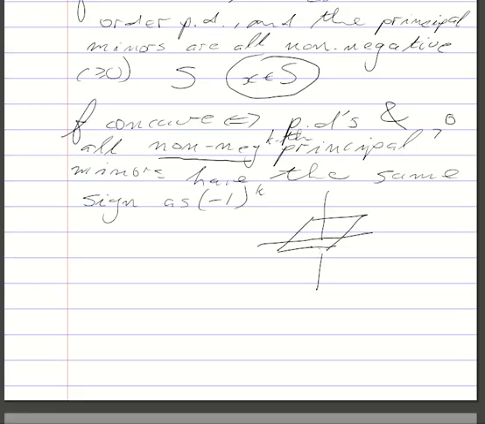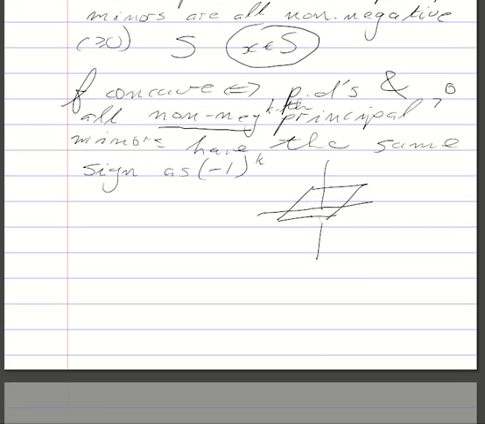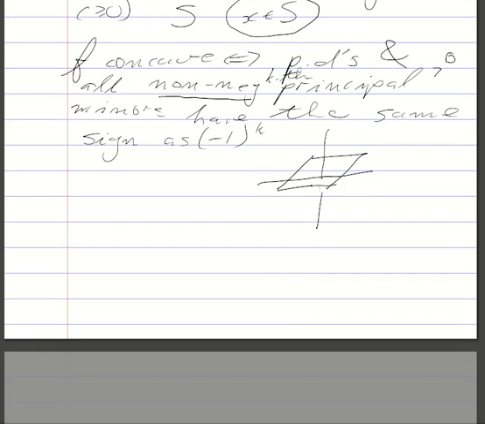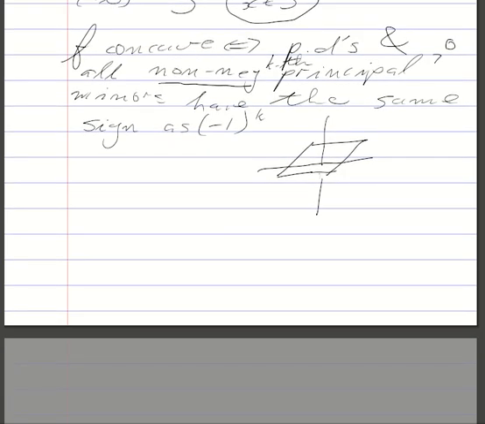When you're looking at just a flat piece in R3 as we have here, it'll actually be both convex and concave. Now, before I go further, let me just give an example or an illustration of what a principal minor is.